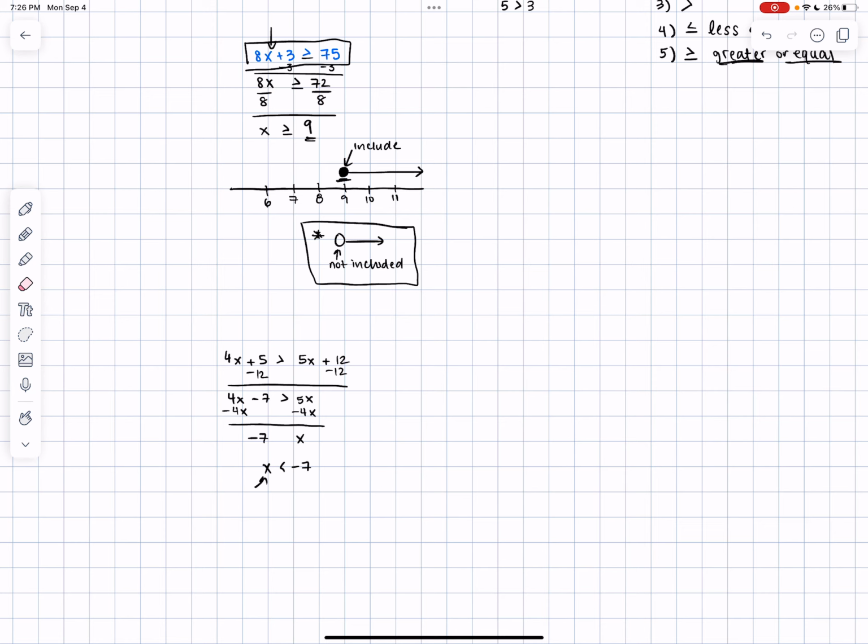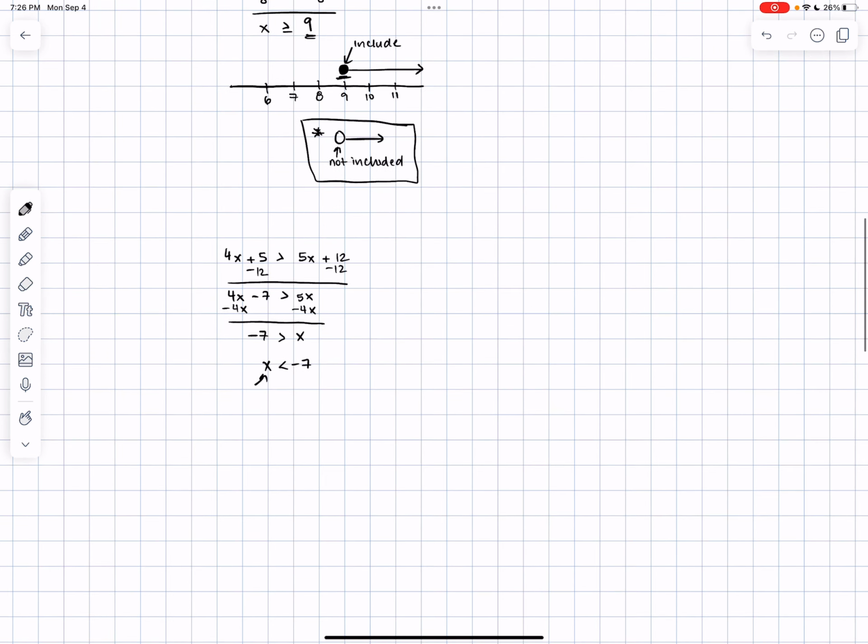So in both these cases, the 7 is on the greater side, and when you draw your number line, it's easy for you to tell. So we know that x is, in this case, less than negative 7. It is not equal to.